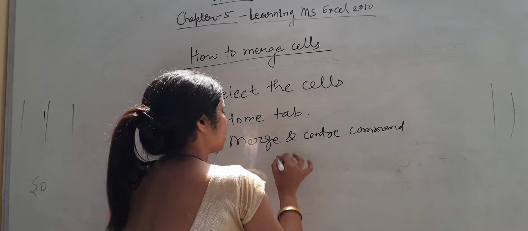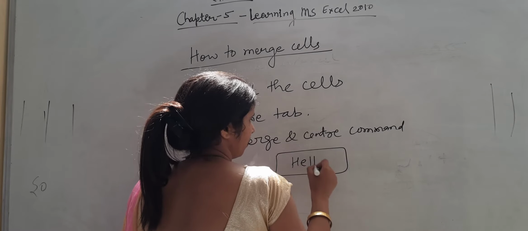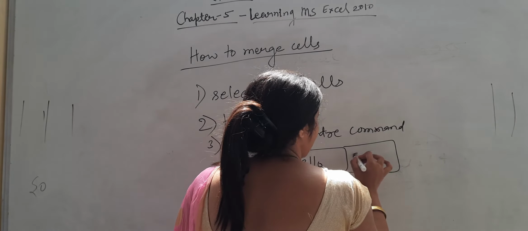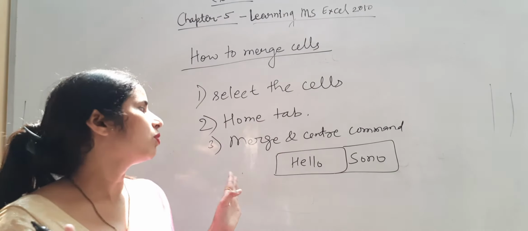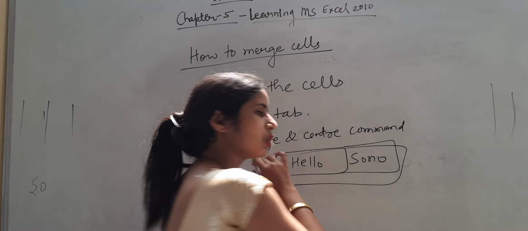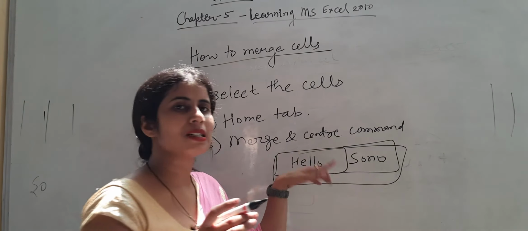Suppose this is a cell. Here I have written hello, and in another cell I have written Sonu. And I want to combine, merge these two. So at first I will select these two and I will follow the steps: Home tab, then Merge and Center command.